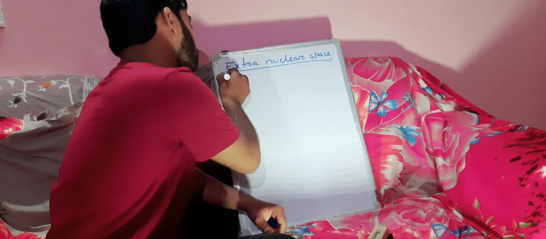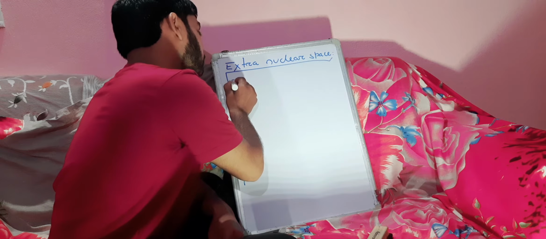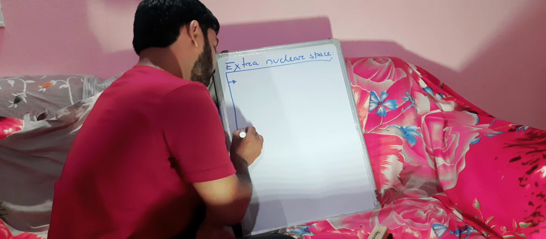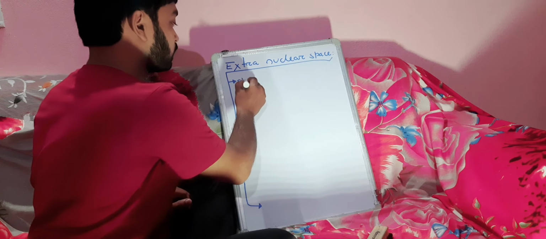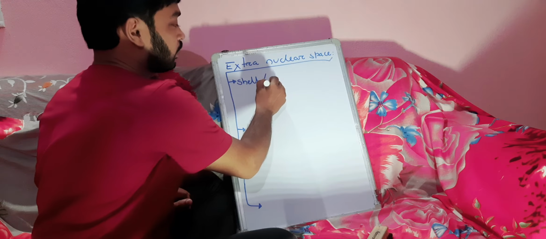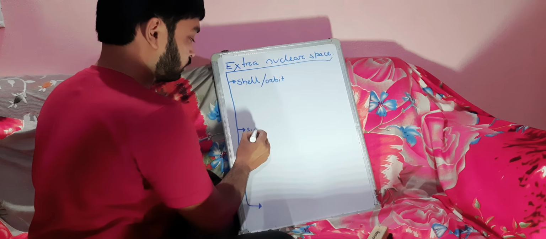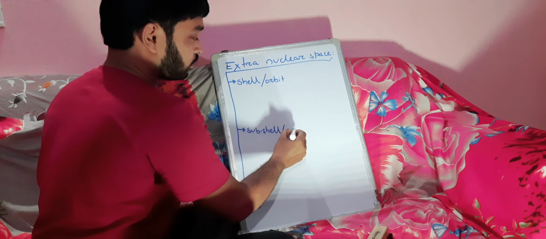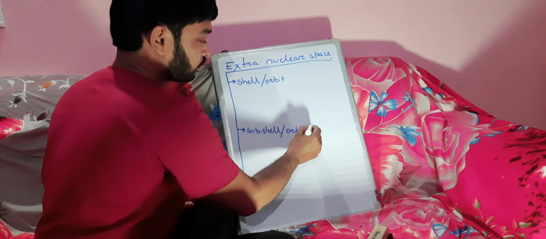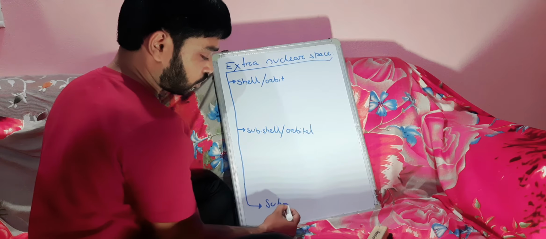It mainly includes three different parts: shells or orbits, subshell or orbital, and the final one is suborbital.